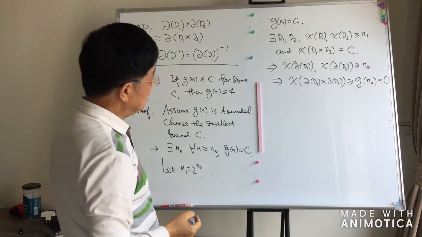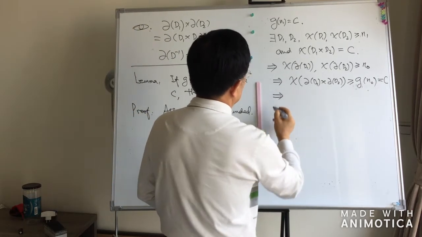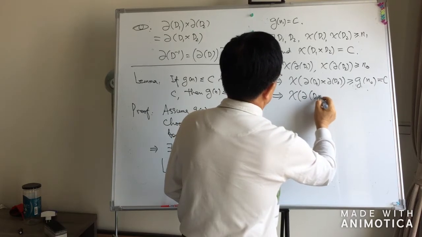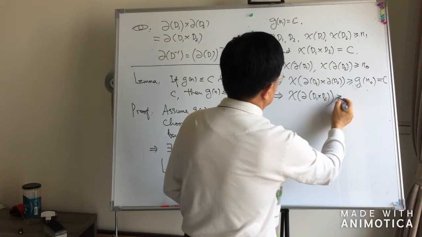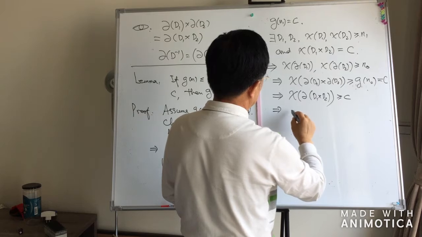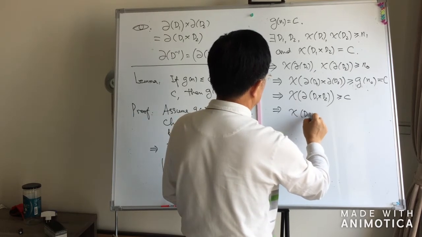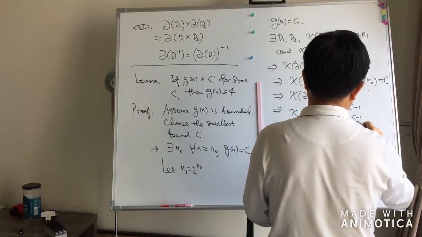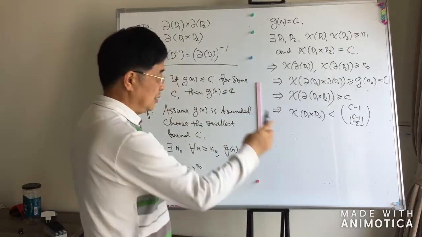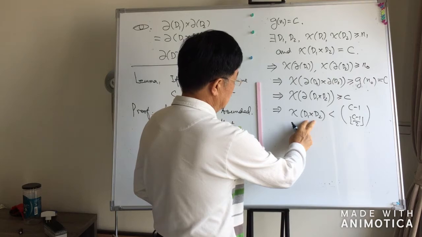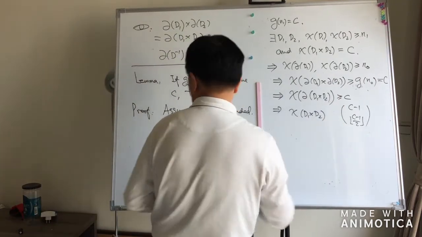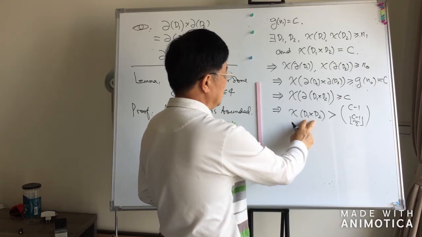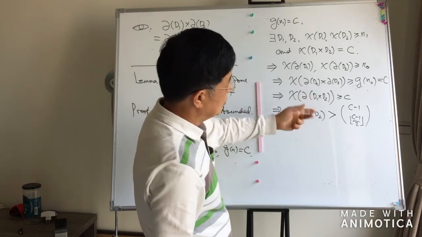Now this is greater or equal to C, and this is the same as the line graph of D1 times D2, because that's the same thing. This implies that the Cramér number of D1 times D2 is less than C minus 1, halved, because by the lemma we proved, if this graph has Cramér number less or equal to this number, then its line graph has Cramér number less or equal to C minus 1.